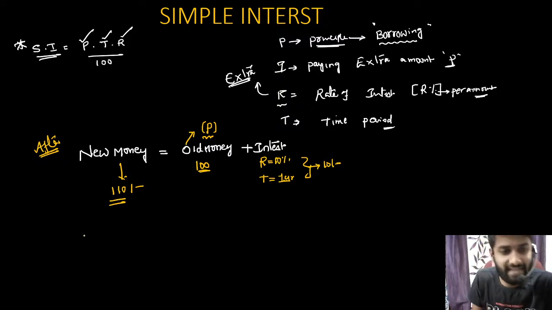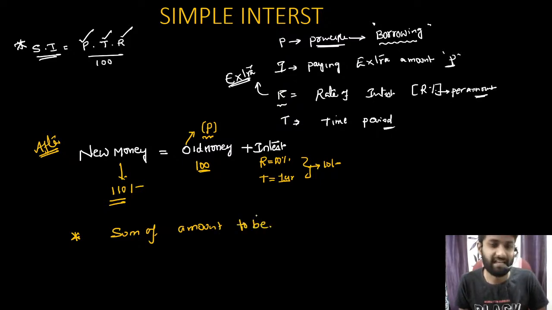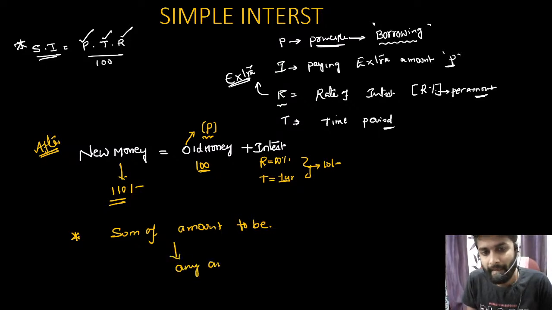Then what is the understanding part here? This is the statement you can see in the concept of simple interest: sum of amount to be. It means any amount we are getting after the duration.